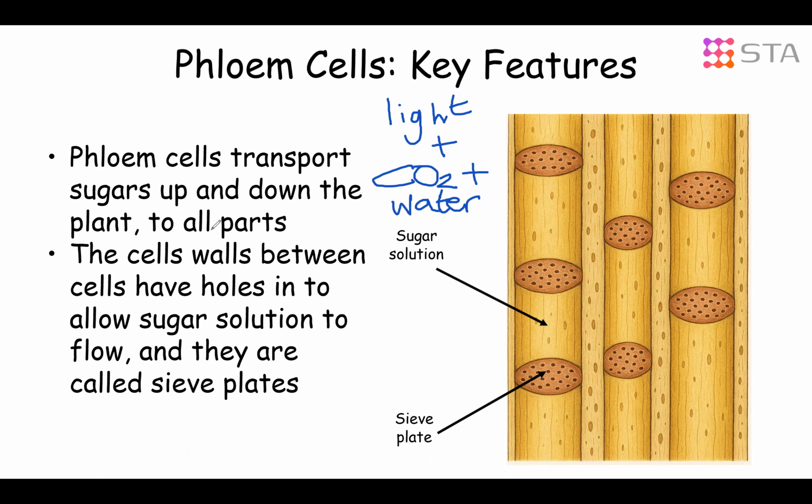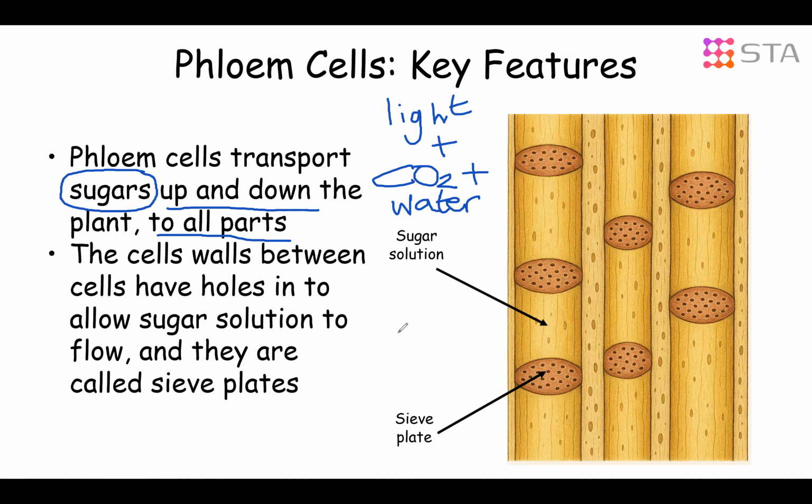So, phloem gets all these sugars and takes them up and down the plant to any cell or any part of a plant that needs sugar for energy. Okay, and those sugars, of course, go into the mitochondria for energy release. So the plant cells have got energy, for instance, to grow, etc.